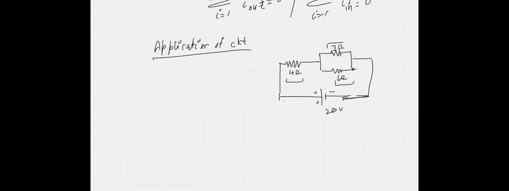How much current for this one? 3.3, okay. This is 3.3, and then after the rest of the two, 1.8 and 1.5. Let's see whether it will be correct or not.